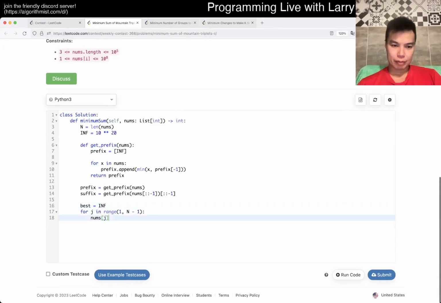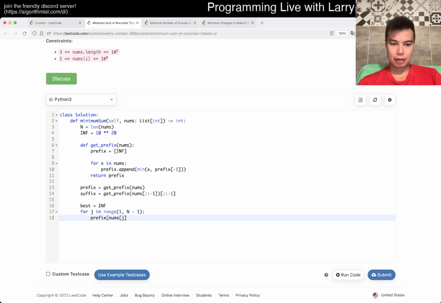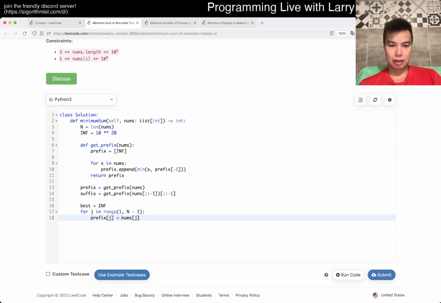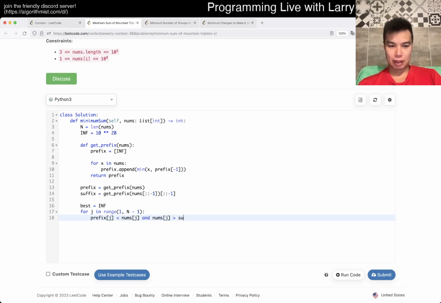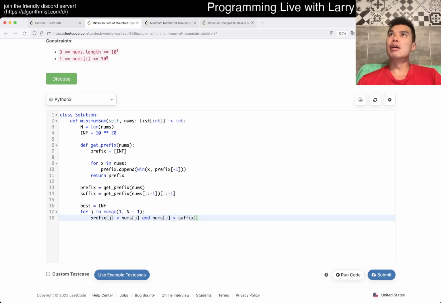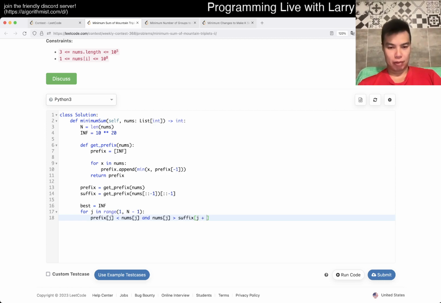So then now we're looking for i. i is going to be in the prefix. So prefix sub j is the other numbers that are smaller than j. So this is 10, and num sub j is greater than suffix sub j plus 1, I think.